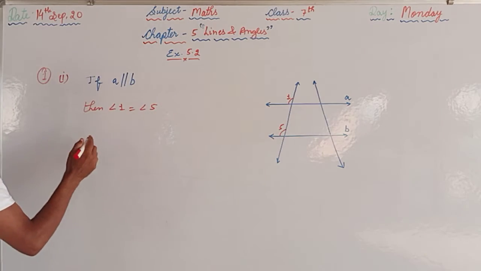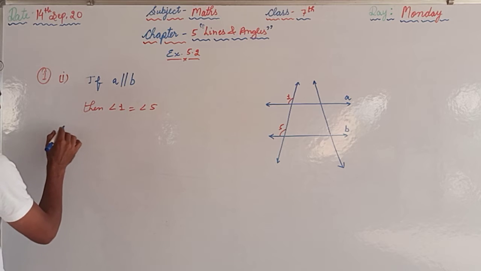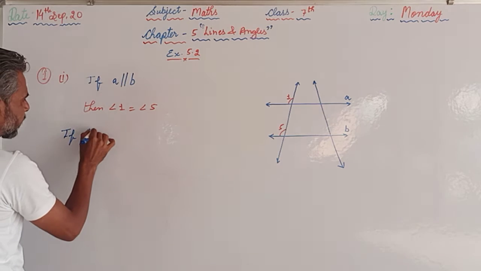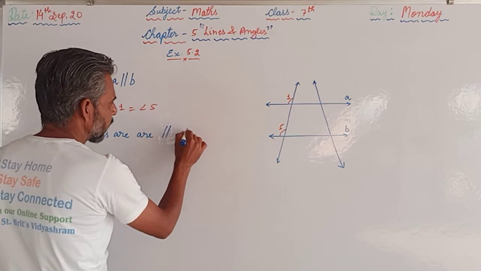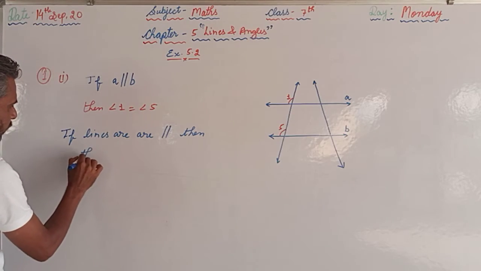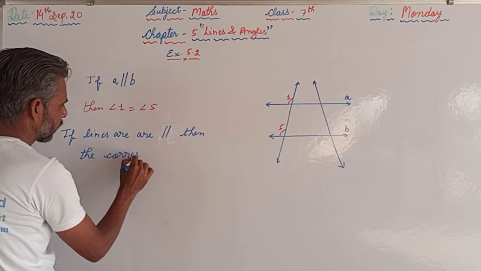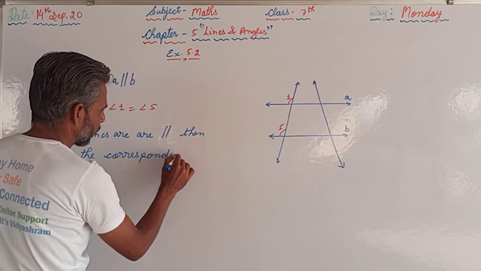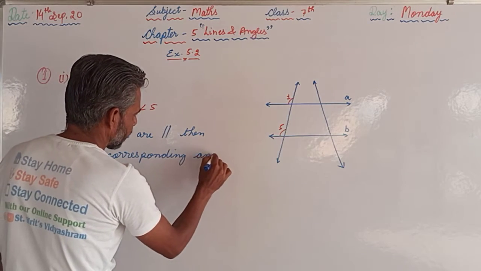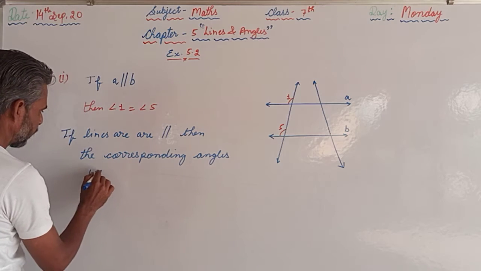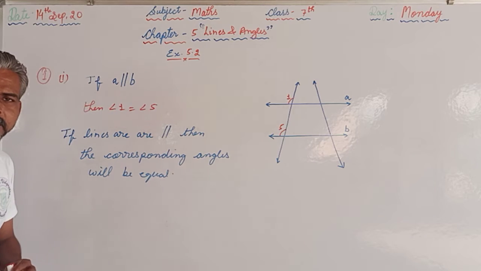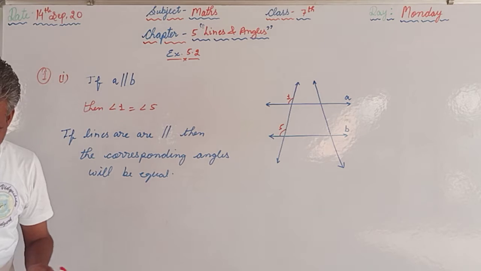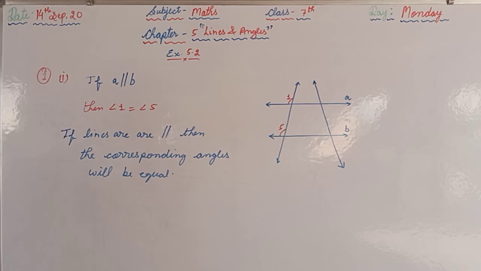Angle 1 will be equal to angle 5, because, or we can say, if lines are parallel, then the corresponding angles will be equal. Corresponding angles will be equal, and these are the corresponding angles. So this diagram is only for part first of question number 1.